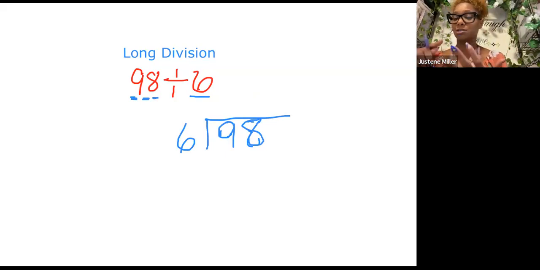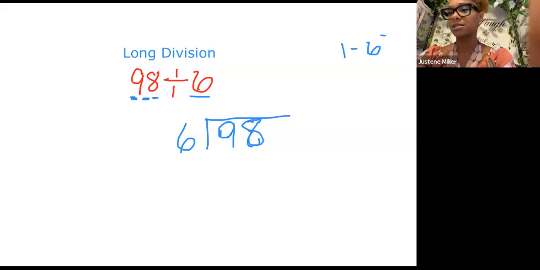Now, again, if you're not strong in your fast facts, that's multiples of your divisor. So going 6, 12, 18, 24, 30, you might want to put repeated addition on the side of your paper. For example, we know that one group of 6 is 6. And then if I add another 6, that comes out to 12. And that's 2 groups of 6.